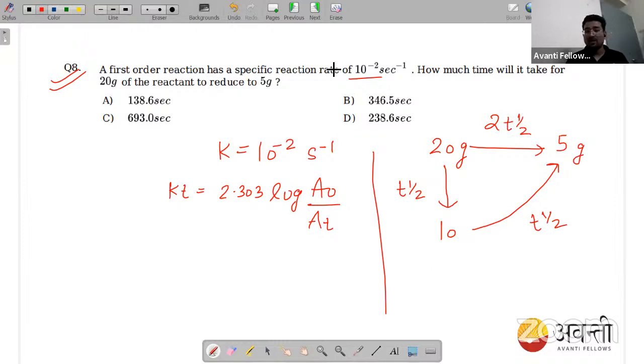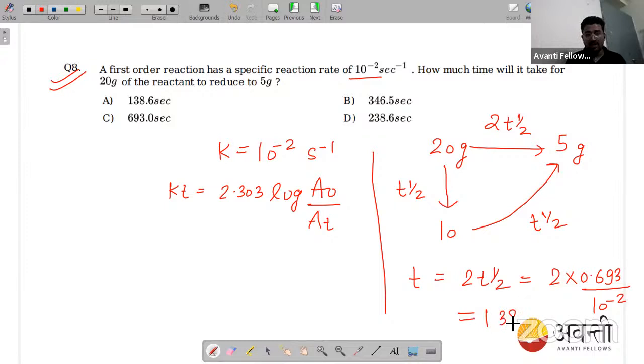So that is the main funda. From 20 to 5 grams, it consumes 2 half lives. So time is 2 t half. Now we all know how to calculate t half. t half is 0.693 by k, and k is given as 10 to the power minus 2. Is that clear? On solving, we will get the answer as 138.6 seconds.